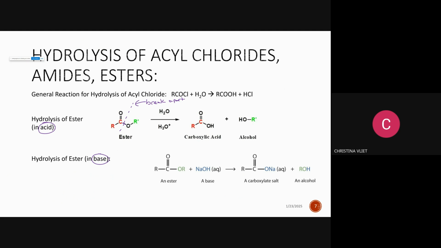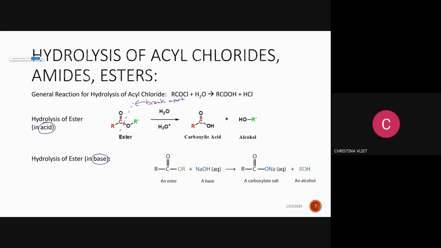On the O side, C double bond O, you put the OH back. On the alcohol or the amine side, you would put the H back. So basically what we learned last class, where you take the OH out in a condensation would be where you put the OH back in a hydrolysis because they're inverse processes.